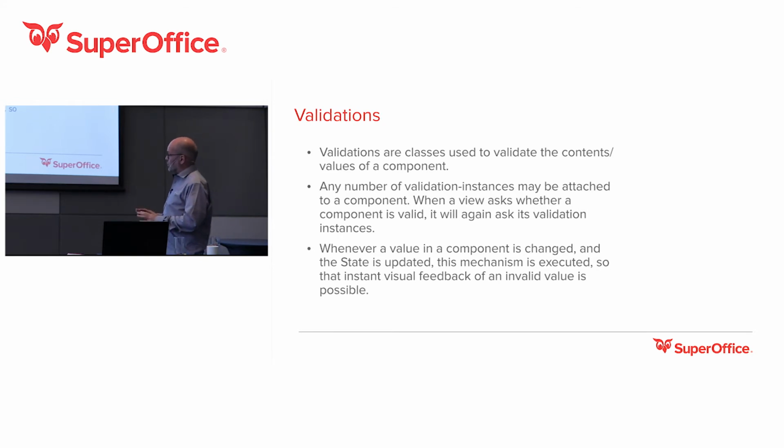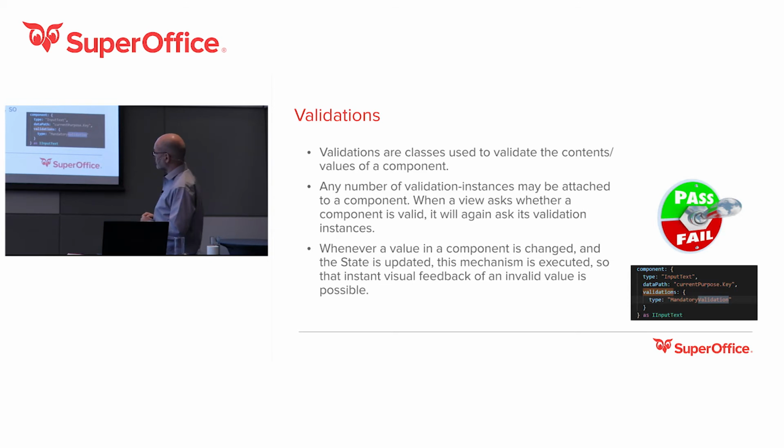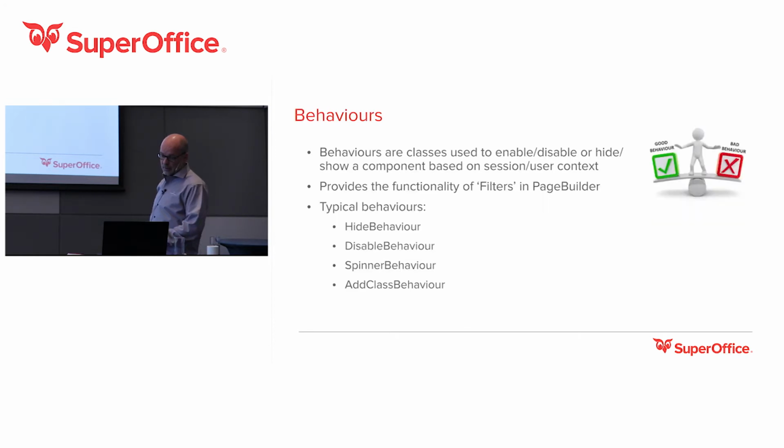So whenever components are changed and the state is updated, this is executed all the time. So you add the validation to the component by just adding, for instance, a mandatory validation to the input text. And you can have an array of those if you need more than one.